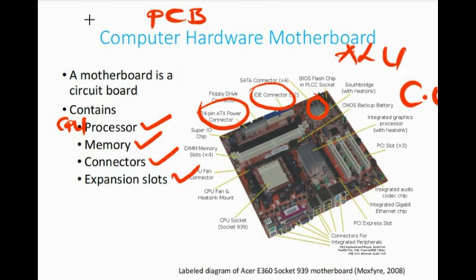What do we use an expansion slot for? It may be used to put cards for video, sound, advanced graphics, internet, or memory. For example, we can put RAM on an expansion slot to increase the memory of our computer.